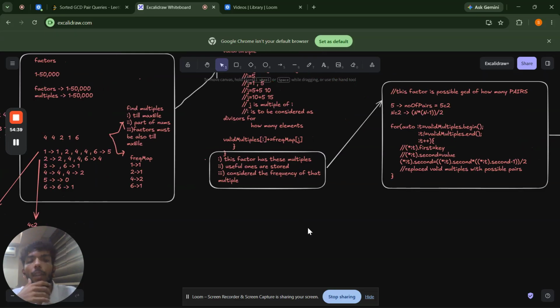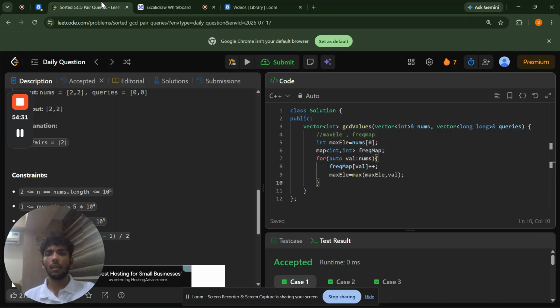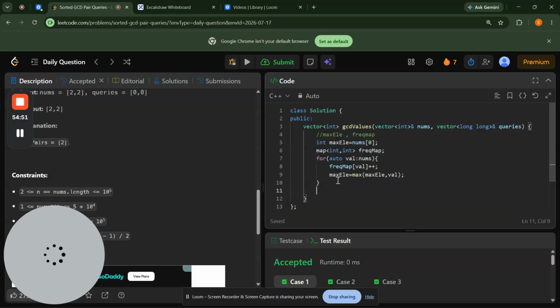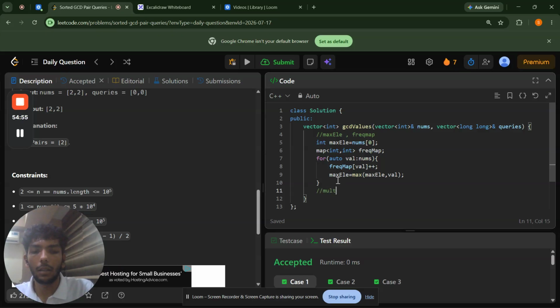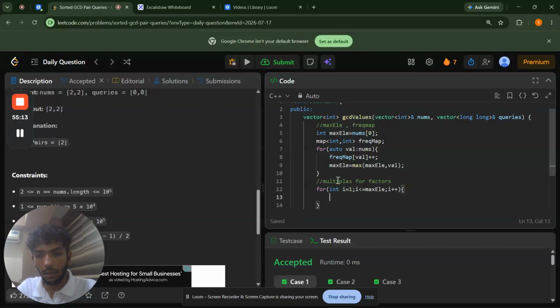Now what we will do is try to find out all the required and suitable multiples for the factors 1 to max element. We will start from 1 and go to max element, because going beyond max element will not be useful, because those factors will not be providing any contribution in finding GCD.